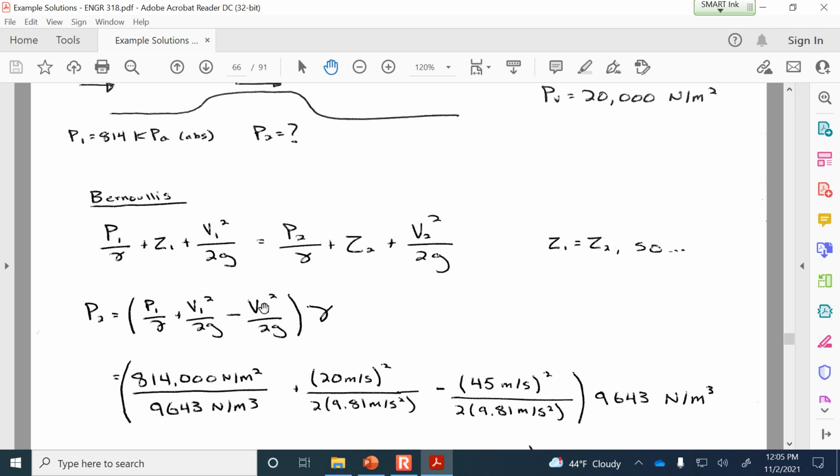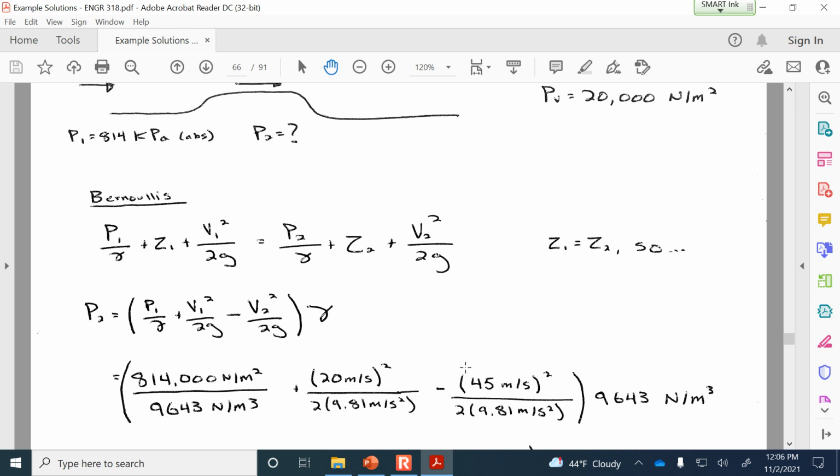The terms that determine the pressure at 2 are how much pressure there was at 1 plus the velocity head at 1. And then you subtract out the velocity head at 2 to find out how much pressure there will be at 2. Now, these velocities are really, really high.